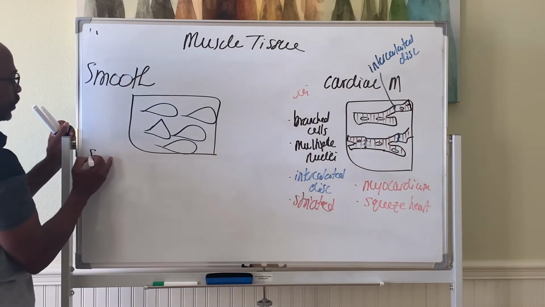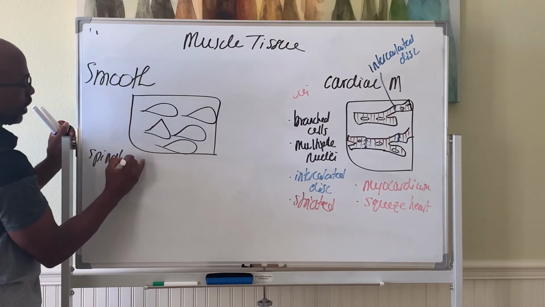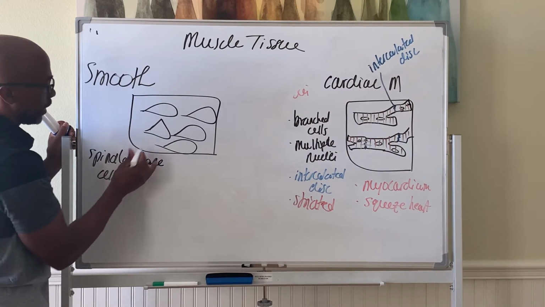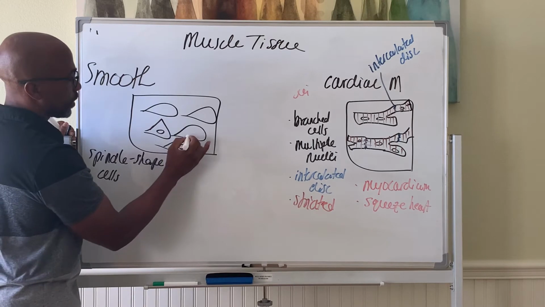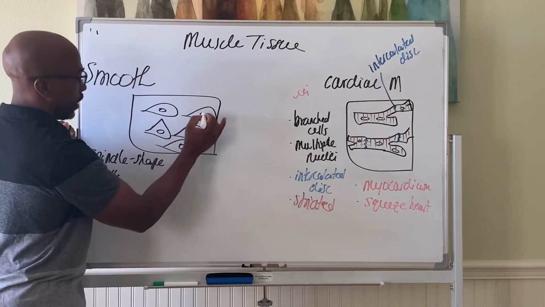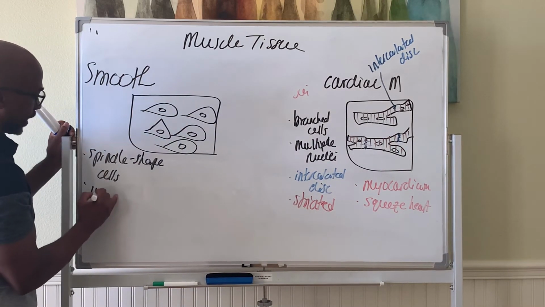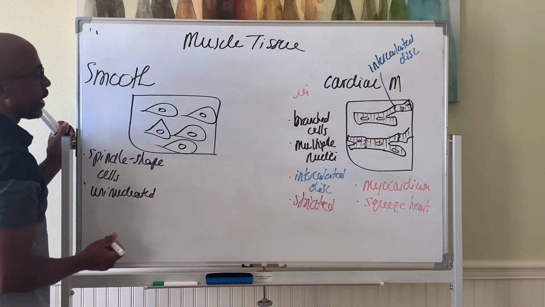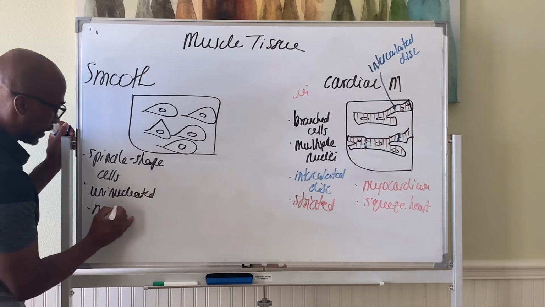Okay. So spindle-shaped cells. They only have one nucleus. Okay. They're uninucleated. And they have no striations.